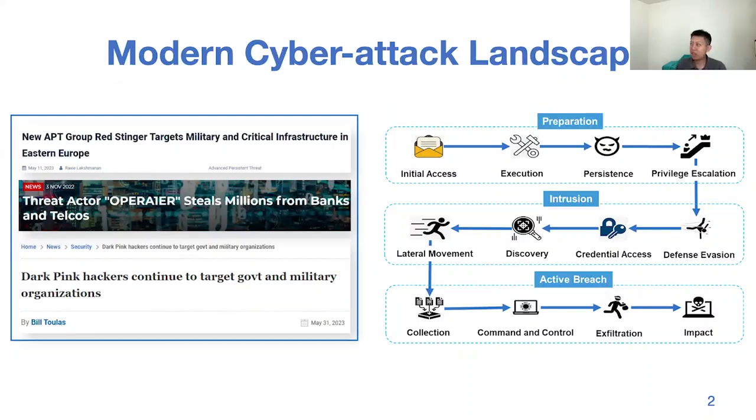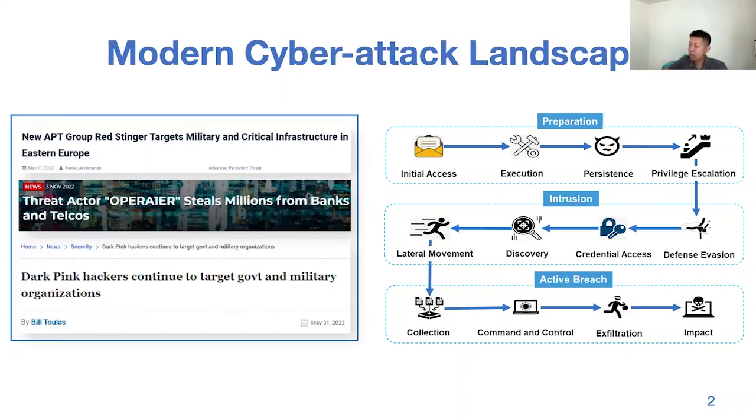In today's cyber attack landscape, my feeling is lots of attacks become more and more complicated, and they usually take multiple steps. You can see lots of details of those threat actors in news reports and articles. Typically, they take lots of preparation stages to set up their initial access to vulnerable machines in your organization.